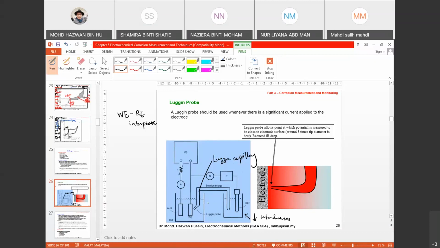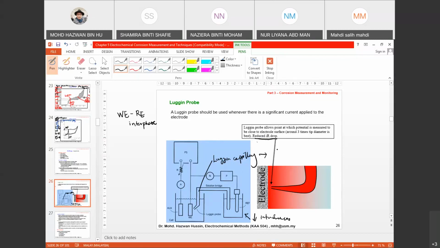But if you notice over here, the Luggin capillary actually makes our objective achievable because it will be placed as near to the working electrode surface as you can. So in fact, the main function of the Luggin capillary is to reduce IR drop.